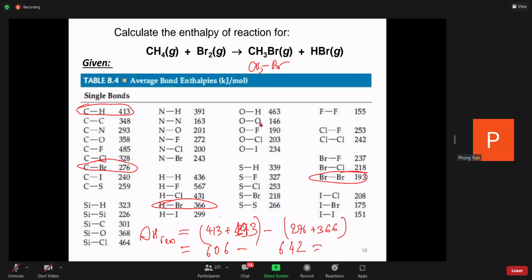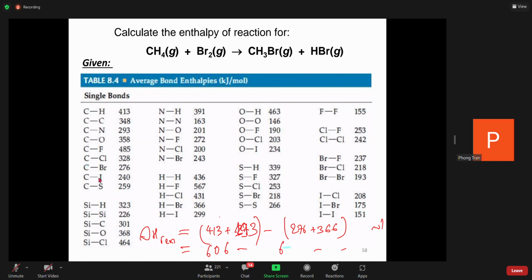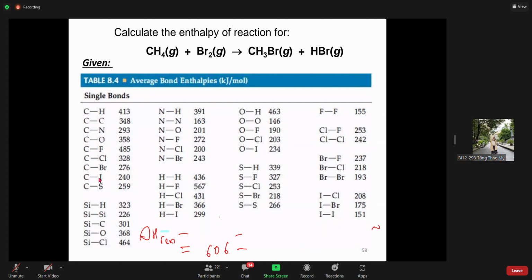Okay. So it is minus 36 kilojoule per mole. Okay. Is it okay? Yes. Yes. Thank you.